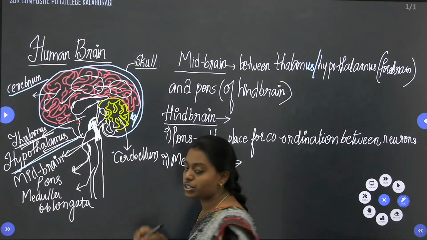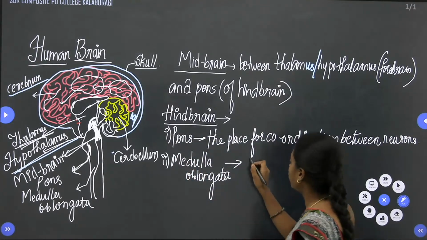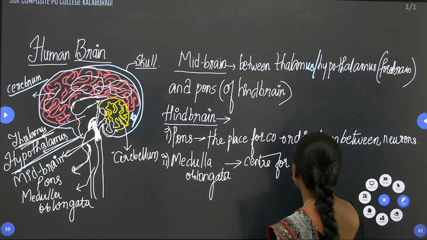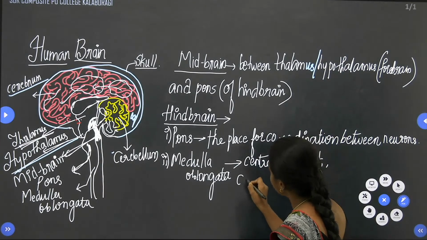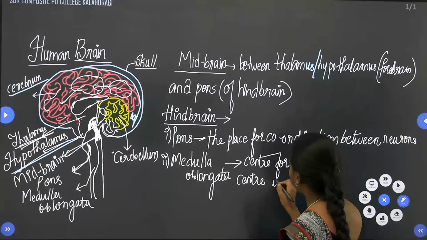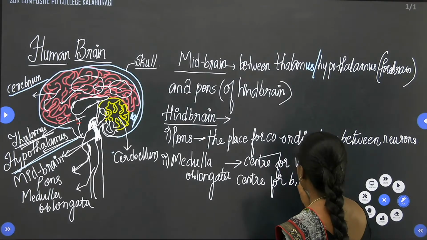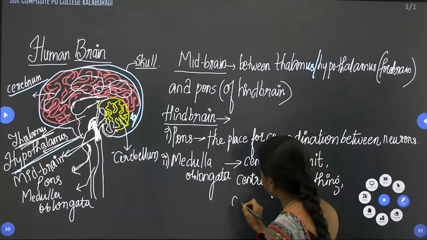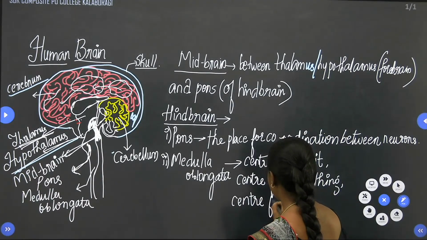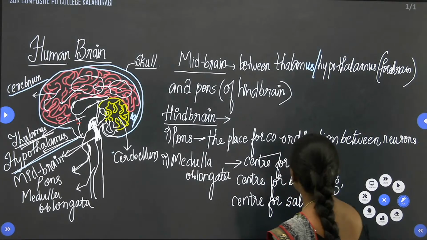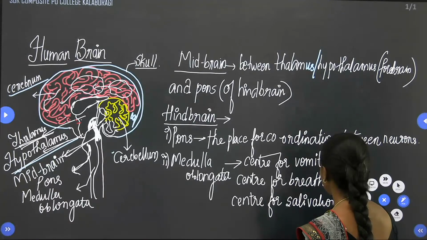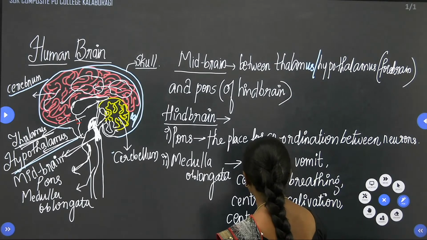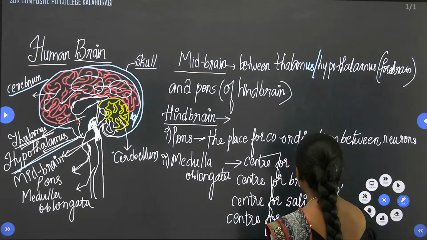Medulla oblongata contains different types of centers: a center for vomiting, a center for increasing the breathing rate, a center for salivation, or a center for increasing blood pressure.